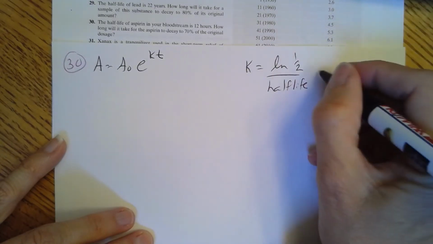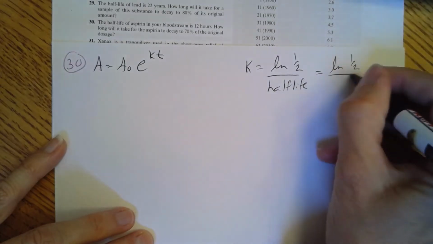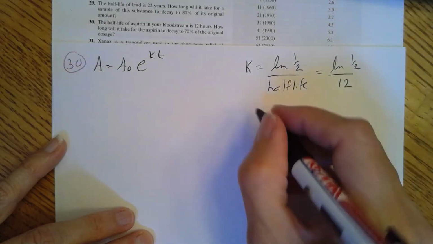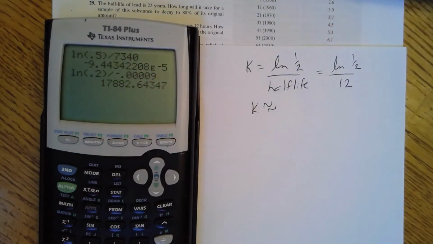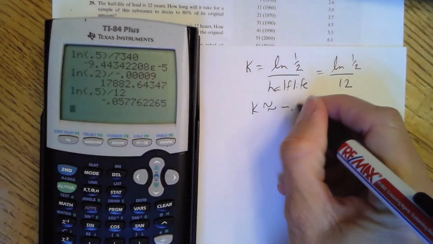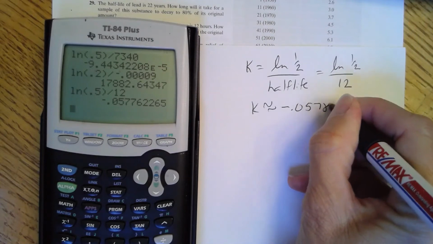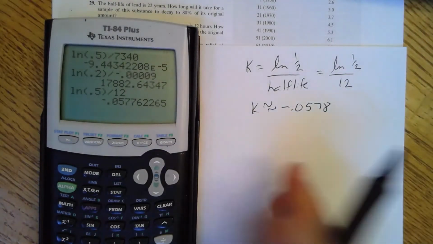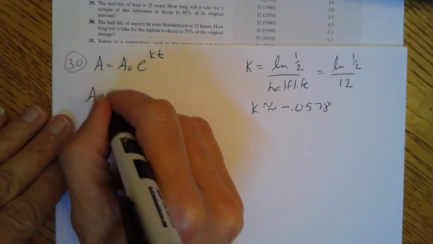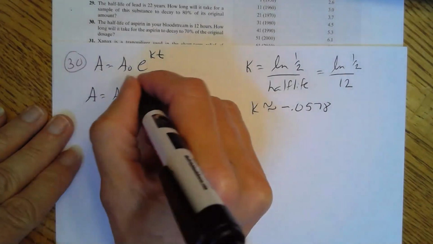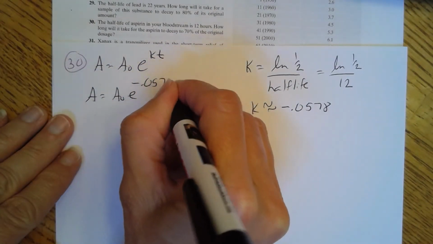In this example, that's the natural log of 0.5 divided by 12, which would be approximately negative 0.0578. On the test, I'd like you to go 3 decimal places past all the zeros. So A equals A naught e to the negative 0.0578t.